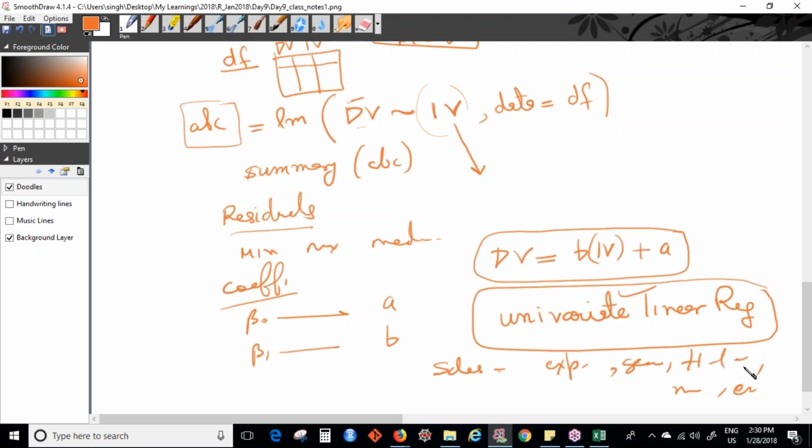It can depend on hundreds of other factors. So how will we include all of them? We will see that now. That is known as multivariate linear regression. What we saw yesterday was univariate, we were including only one variable. Today we will see multivariate. Okay.